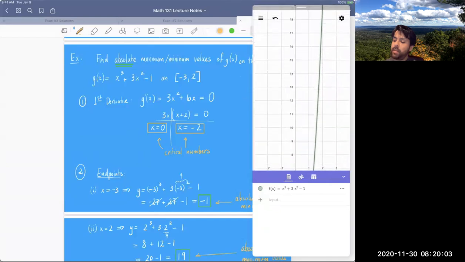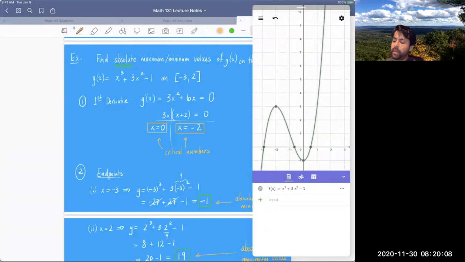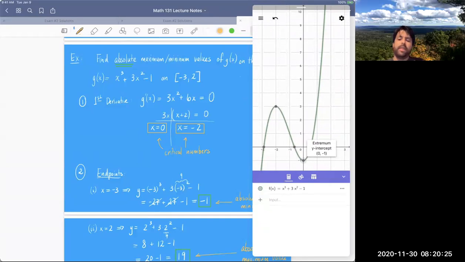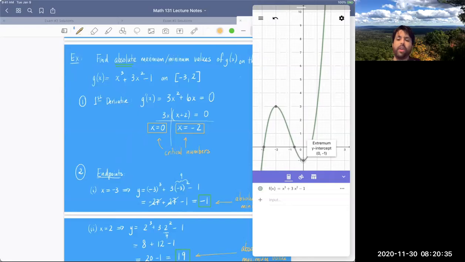It's going to be the maximum y value on the interval -3 to 2. And at -3, what's my minimum? My value here is the same thing as this value down here, -1. It's just coincidental that they're the same, not always. But what do we care about? We care about the y values. So what's the minimum y value on this interval? -1. What's the absolute maximum y value on this interval? 19.